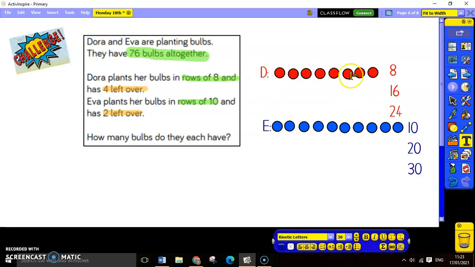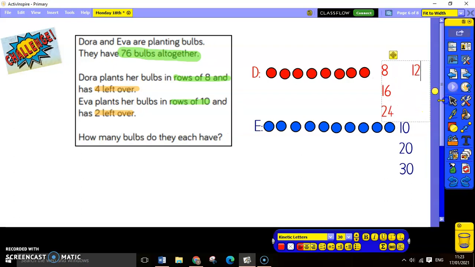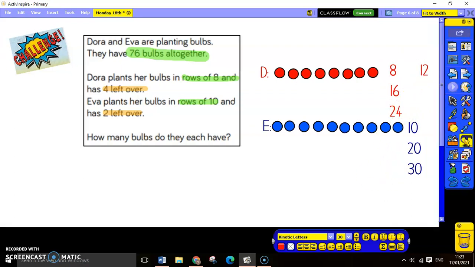But it says she's got a row of 8 and then has also got 4 left over from that row. So she hasn't got 8 there. She's got 8, and then she's got 4 left over, which would be 12. Okay. I wonder whether that might be a starting point.